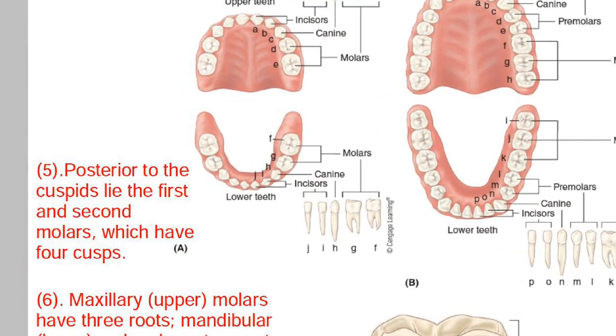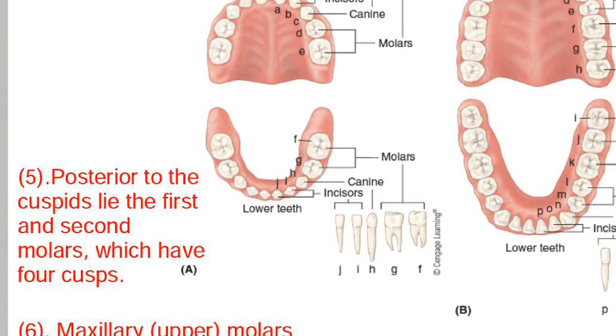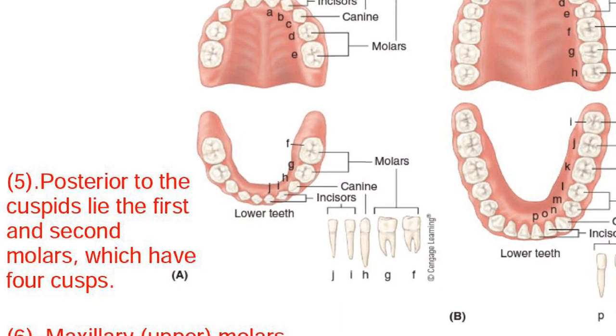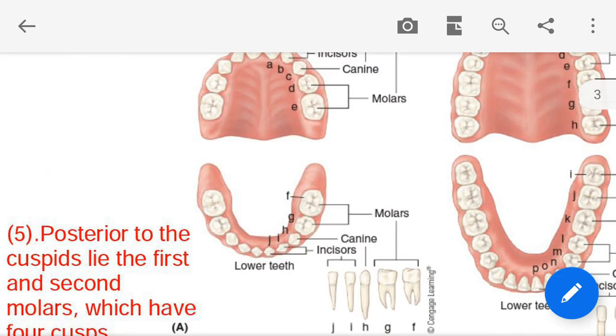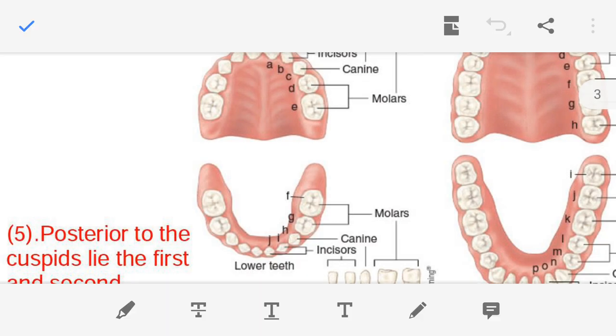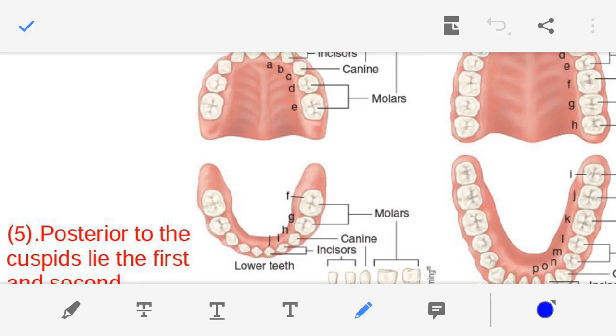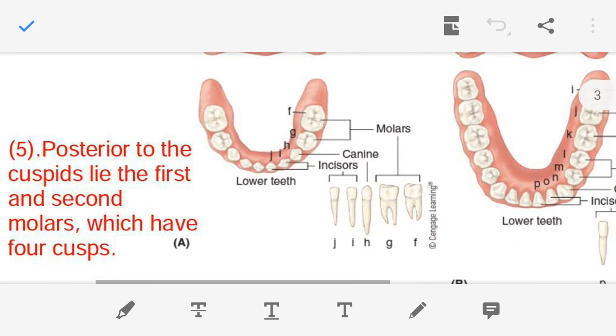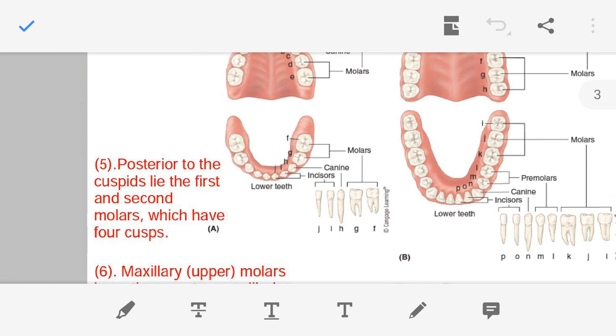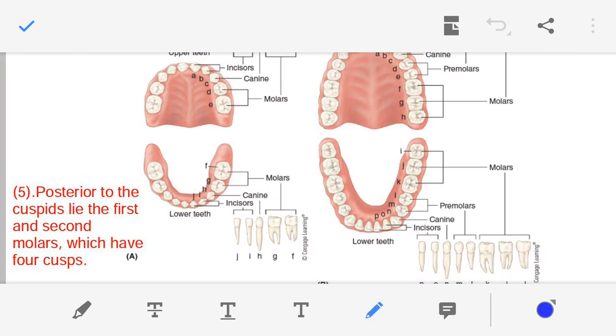Moving on to the fifth point of our discussion. Posterior to the cuspid, the first and second molars are present.